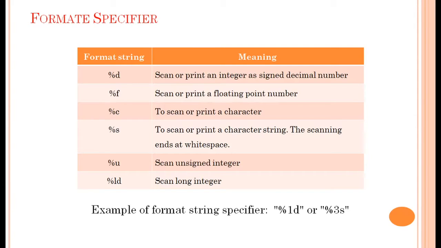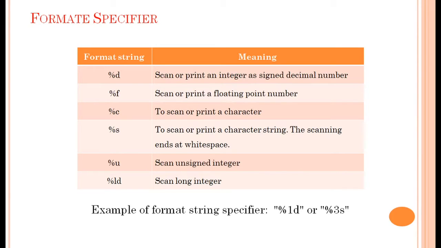but here we will go through the theoretical aspects of the format string. So similarly, %c will be used to scan or print a character and %s is used to print or scan a string. %u and %ld we have not yet used.